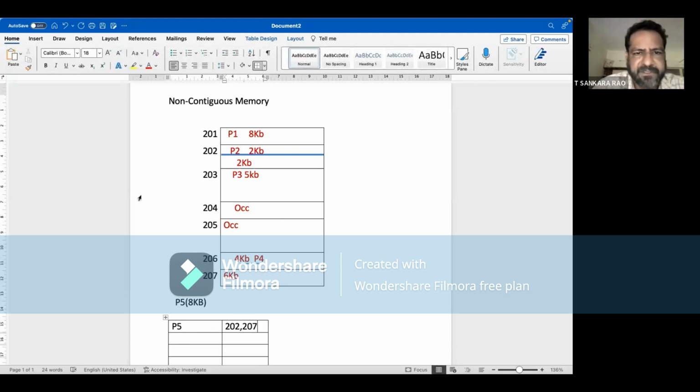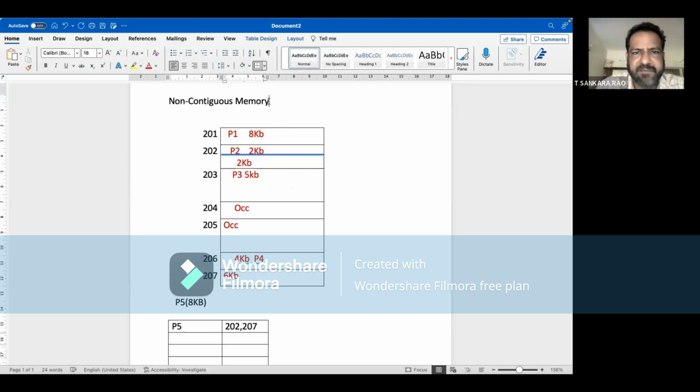So in non-contiguous memory allocation, the memory is divided into equal-size pages, and the relaxation is that the process can be placed in different pages.